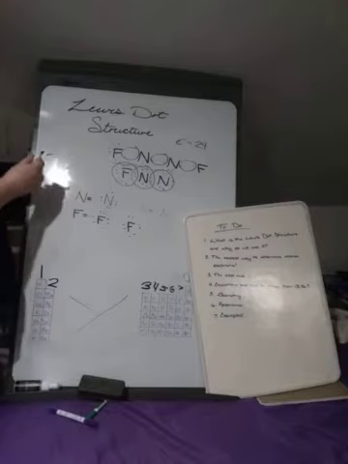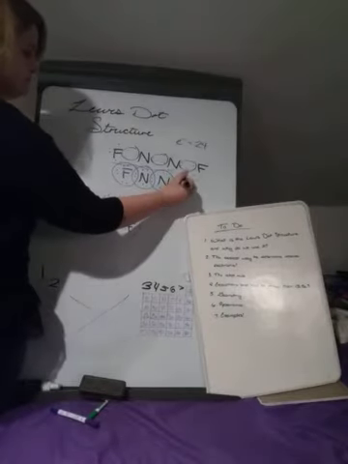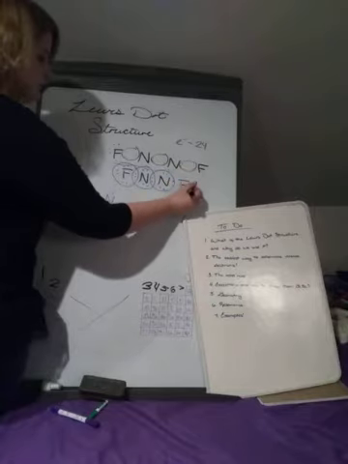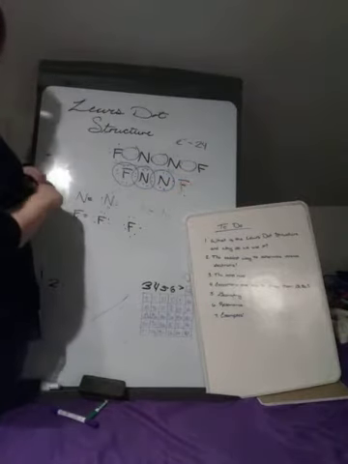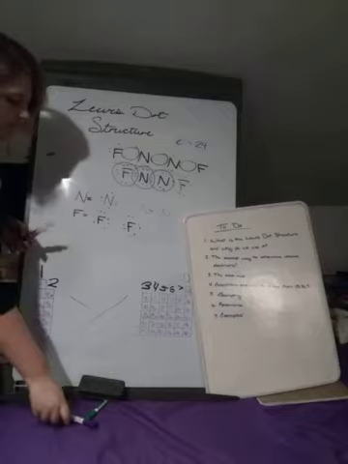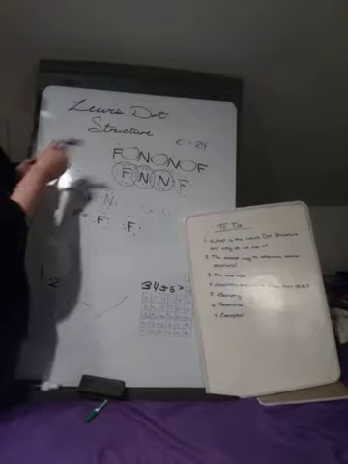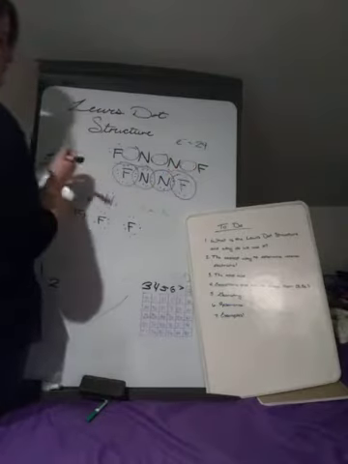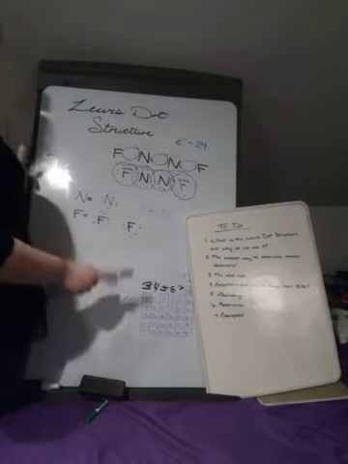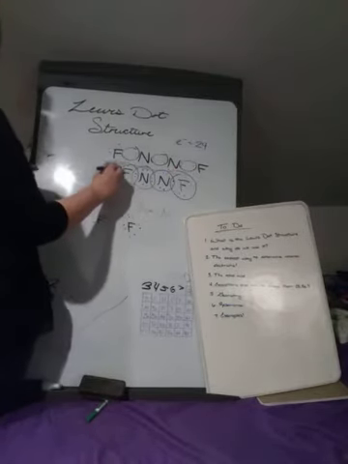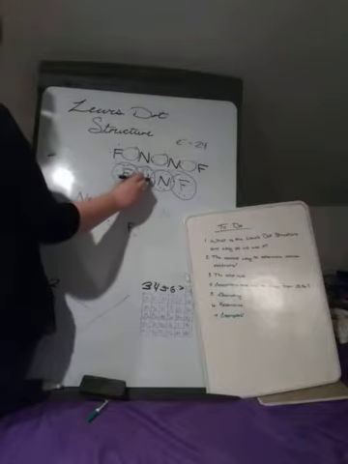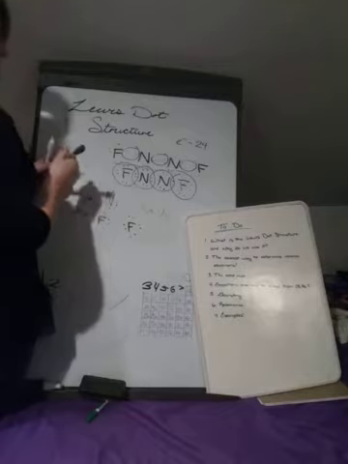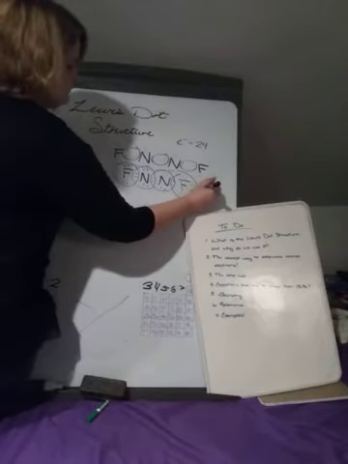Now, let's get to the final one. So, we have these 2 sharing one. So we have 2, 4, 6, 8, 10, 12, 14, 16, 18, 20, 22, 24, 26, 28. So E equals 28.